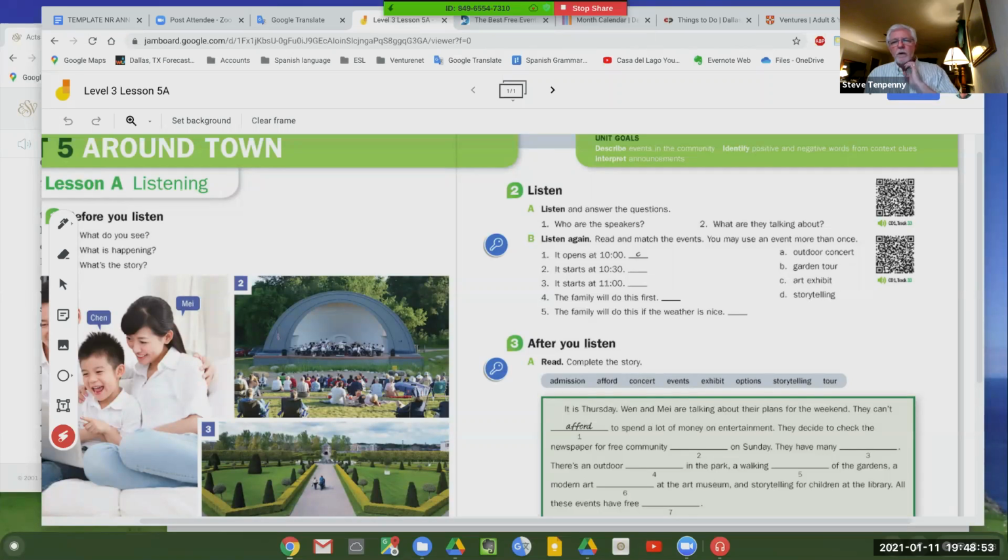And when you do a tour, usually there's like a tour guide, a person who leads you on the tour to talk about different things that you see.